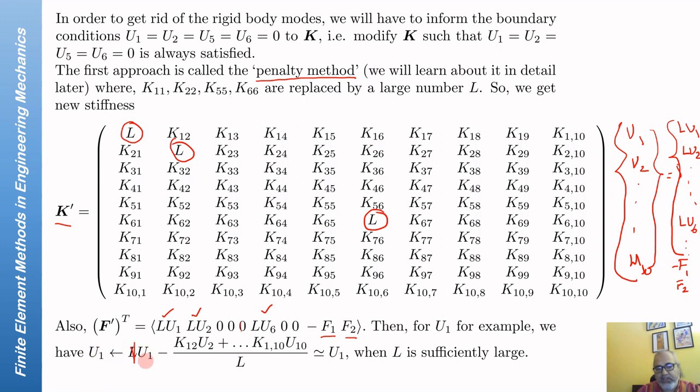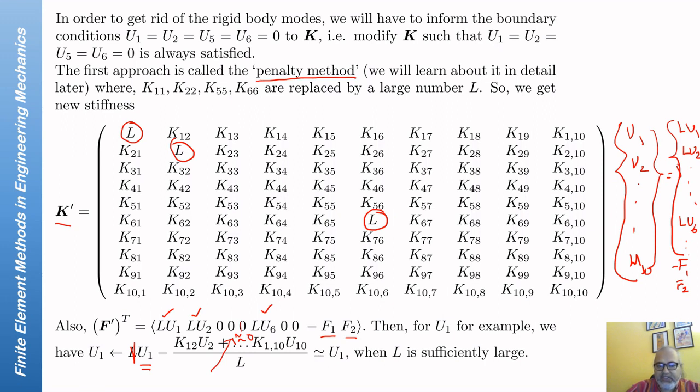So U1 will lead to the required value of U1 minus K12 U2 and up to K110 U10 divided by L. But since L is a large number, we can expect this to be almost equal to 0, which means U1 will tend to its designated specified value as L becomes sufficiently large.